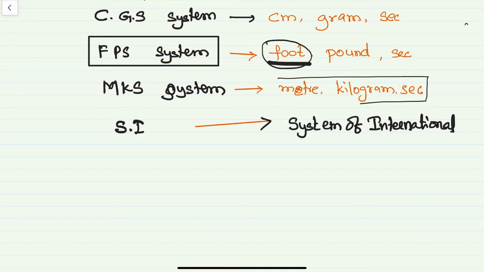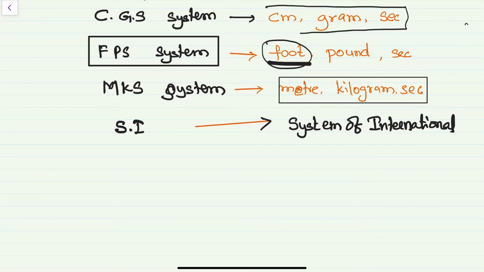We use meter, kilogram and second, and this is the other type. Of course we can convert from one to the other. We have some procedures to convert from one unit to another unit also, right?